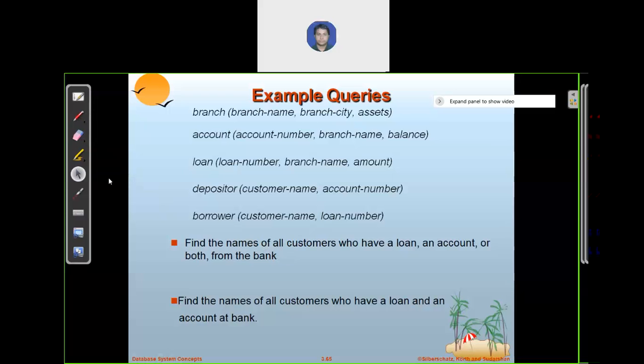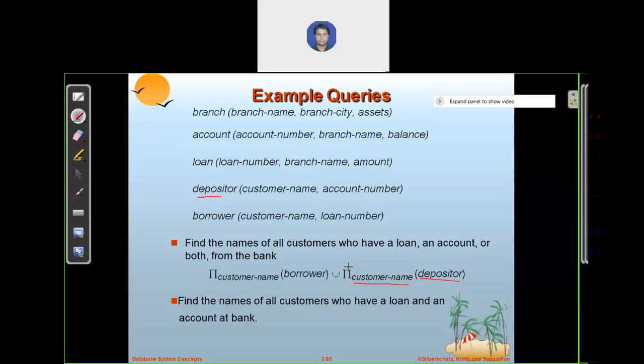Okay, now see, from the depositor relation we retrieve the customer name using the project operator.